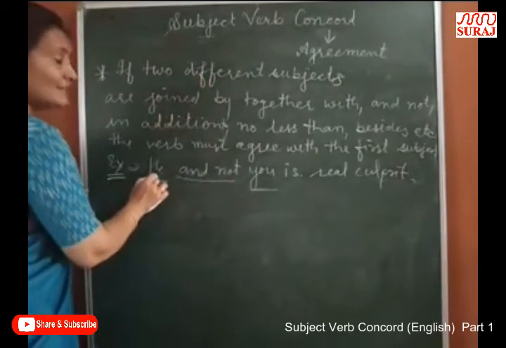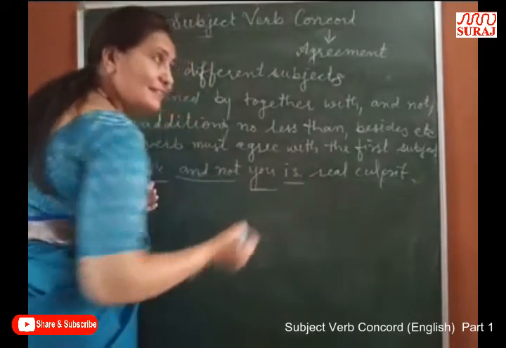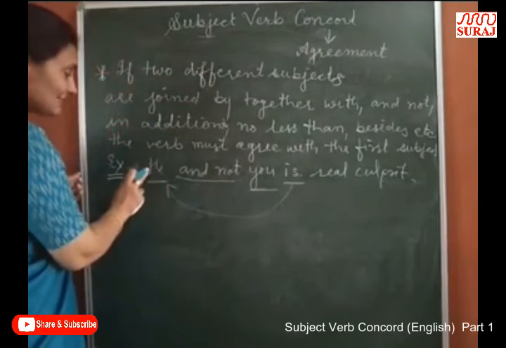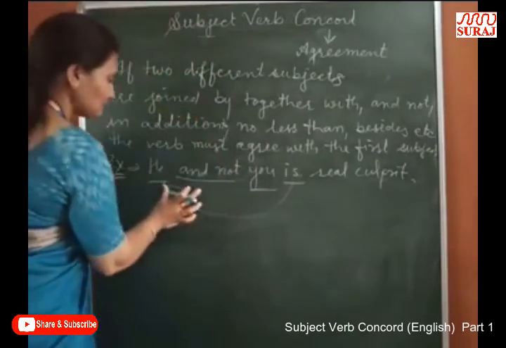He is third person and you is second person, but the verb is in singular form due to the first subject. The first subject is in singular form, that's why I have written singular here.